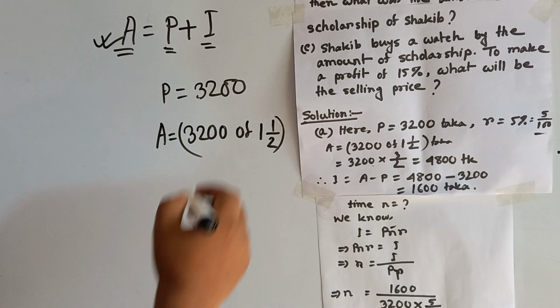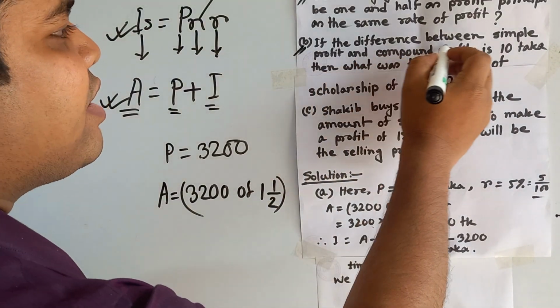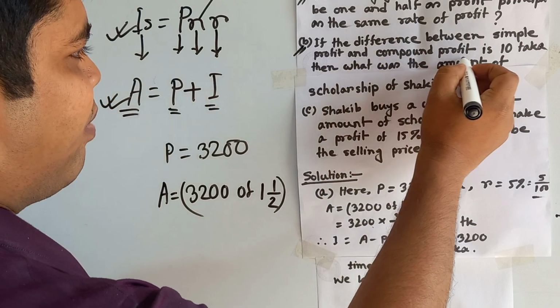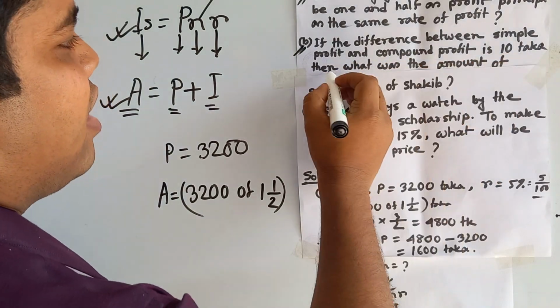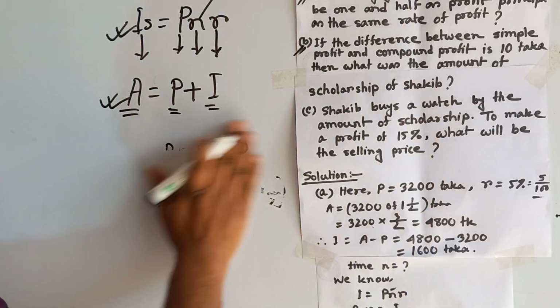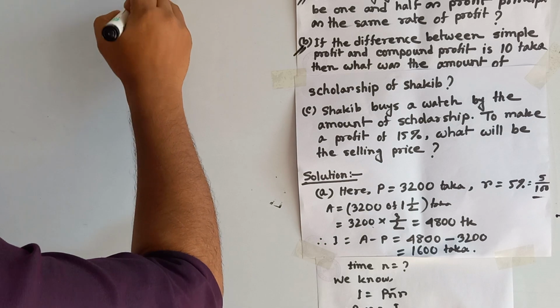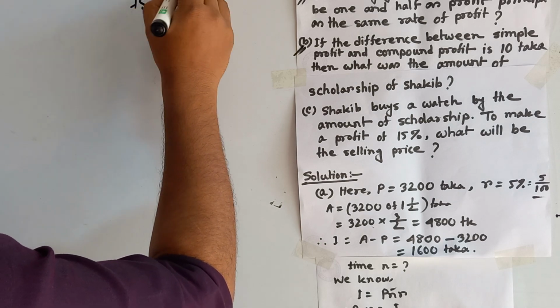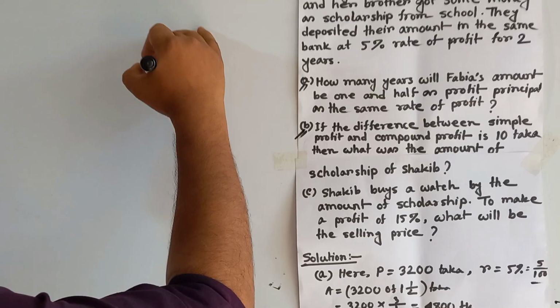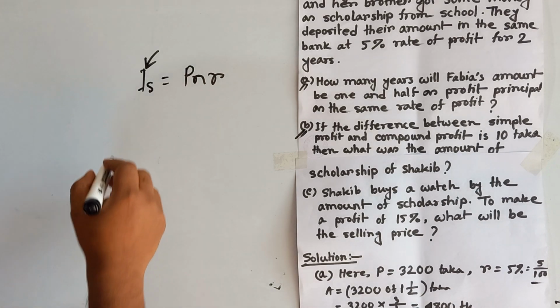Okay, my dear students, question number B. If the difference between simple profit and compound profit is 10 taka, then what was the amount of Shakib's scholarship? We have already learned I equal to PNR, where I means simple profit. But compound profit is not known by you. So what is compound profit?